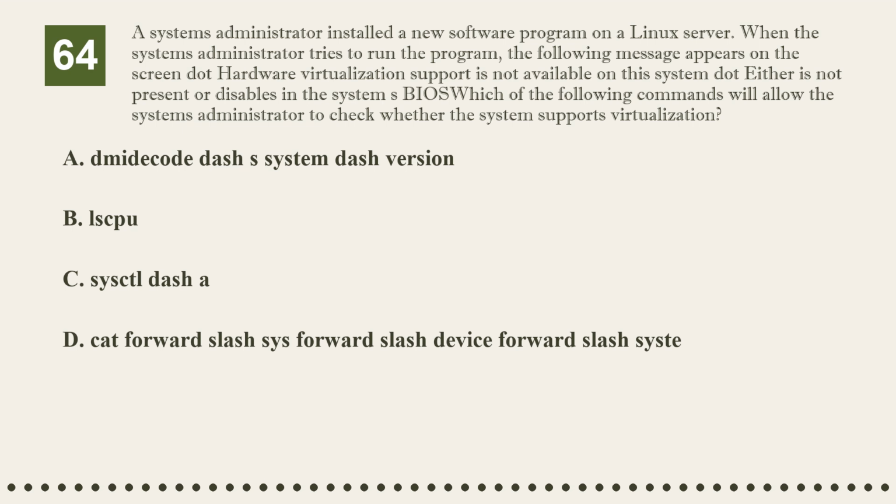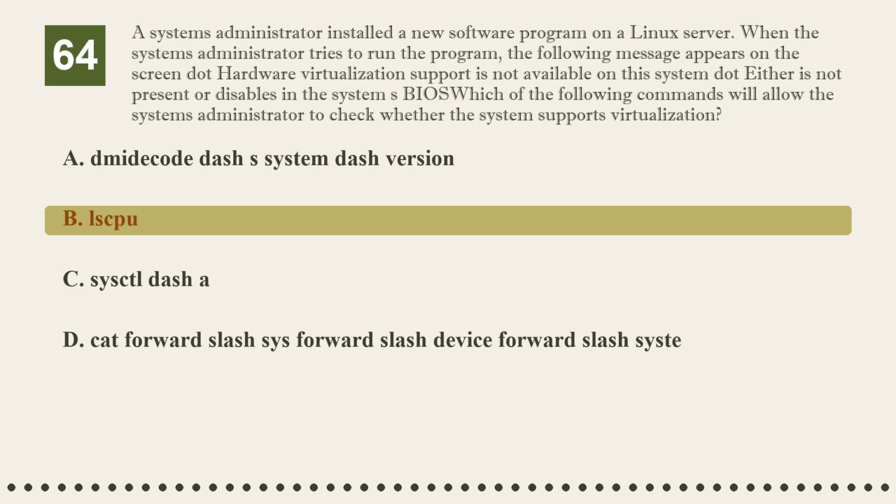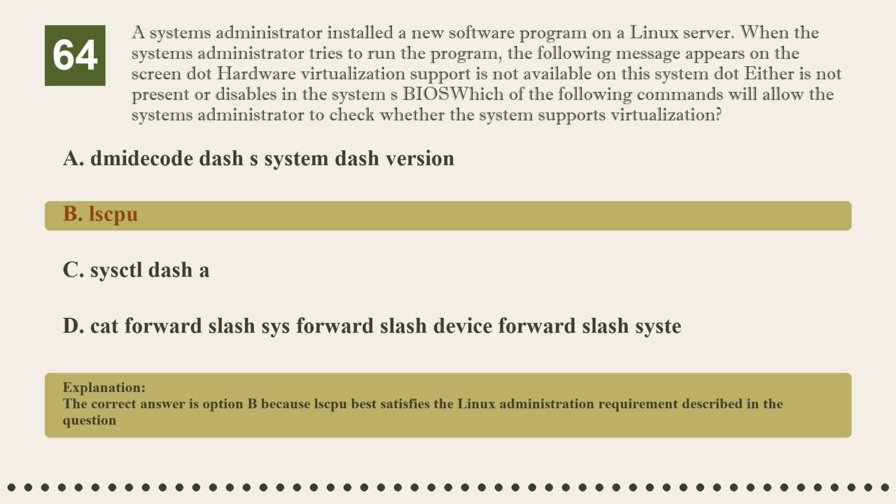Option A, dmidecode -s system-version. Option B, lscpu. Option C, sysctl -a. Option D, cat /sys/devices/system. The correct answer is option B, lscpu. The correct answer is option B because lscpu best satisfies the Linux administration requirement described in the question.